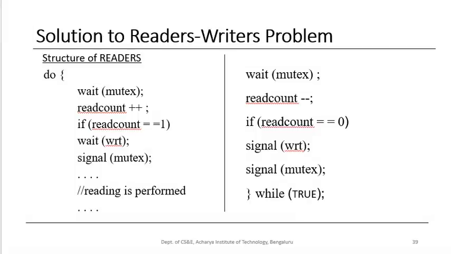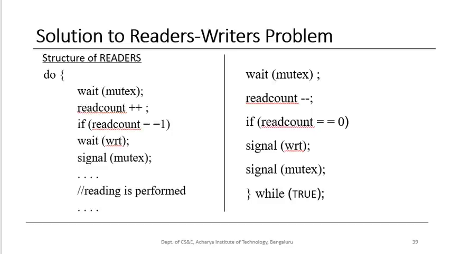Okay, so this is how the writer looks like. So we have ensured that multiple readers can access the database simultaneously at the same time, and if some reader is accessing the database for reading, no writer can get into the critical section, or if a writer is accessing the database for writing, no writer or reader can get into the critical section.